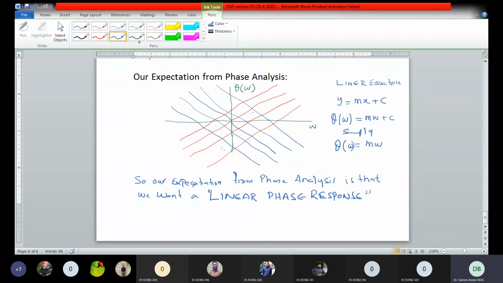If this happens, then we are not only happy but very happy, right? So this is our expectation from our phase analysis.